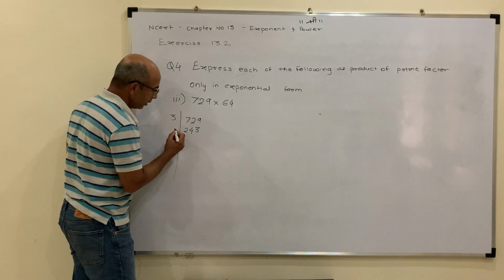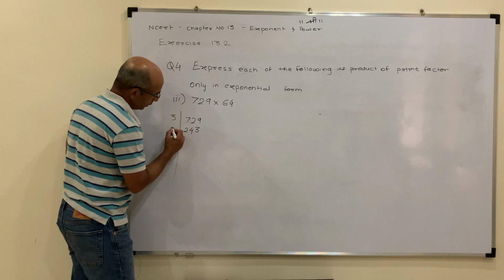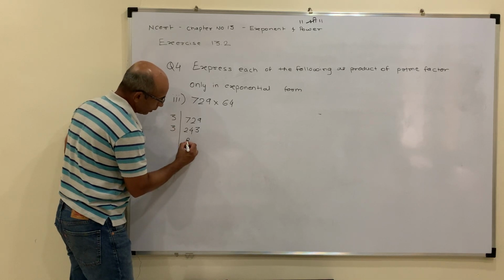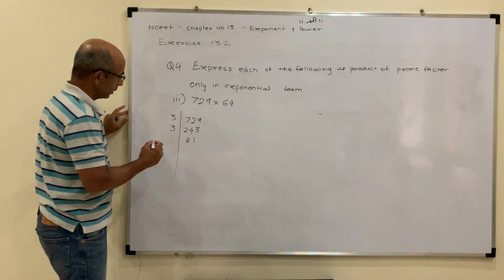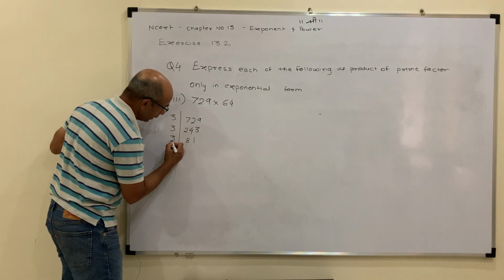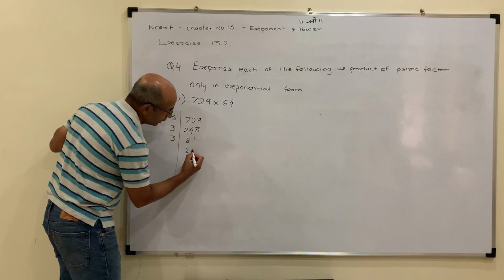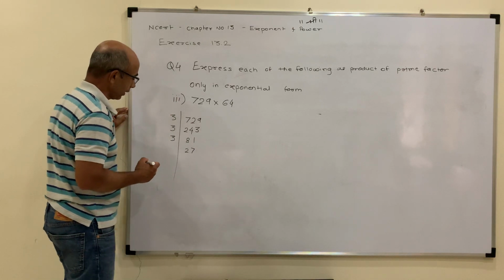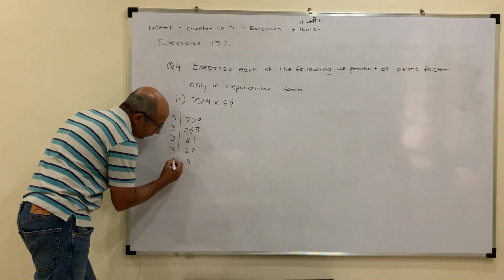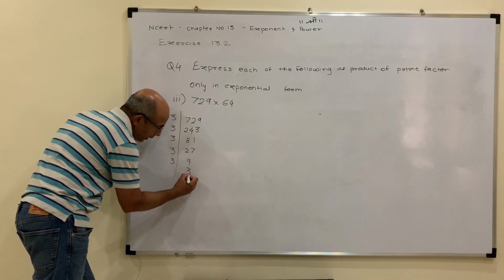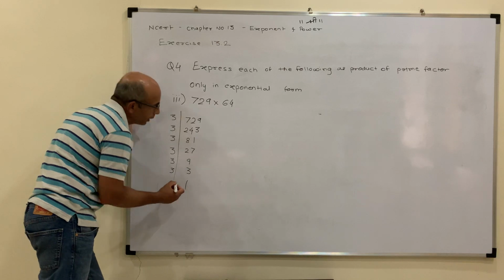Then again 3 8s are 24, 3 1s are 3. Then 3 2s are 6, 3 7s are 21. Then again 3 9s are 27, 3 3s are 9, and 3 1s are 3.